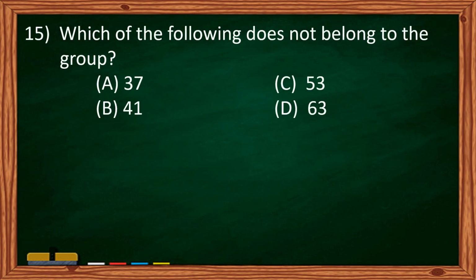Which of the following does not belong to the group? Okay, so let's try letter A. Letter A is a prime number. Okay, because the only factors of 37 are 1 and 37. 41 is also a prime number because the factors are 1 and 41 only. 53 is also a prime number because the factors are 1 and 53 only. While 63 is a composite number.